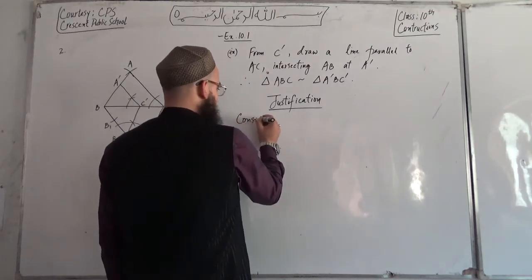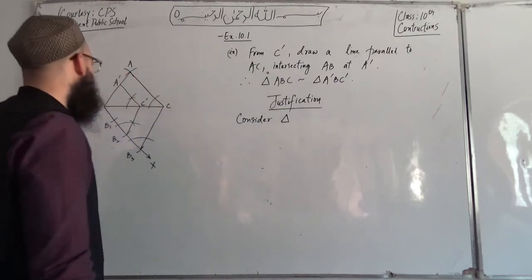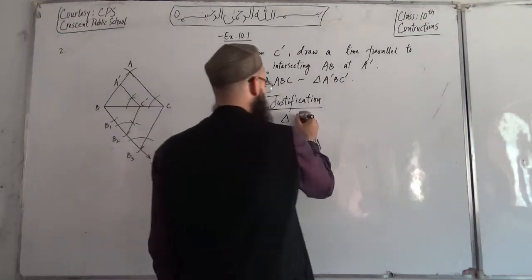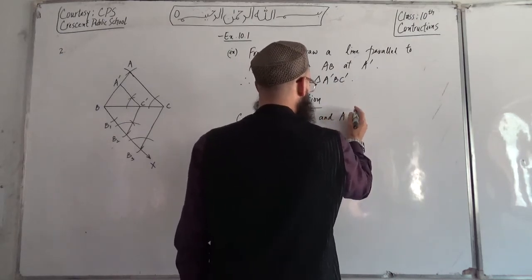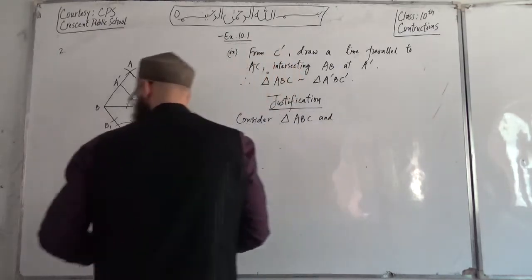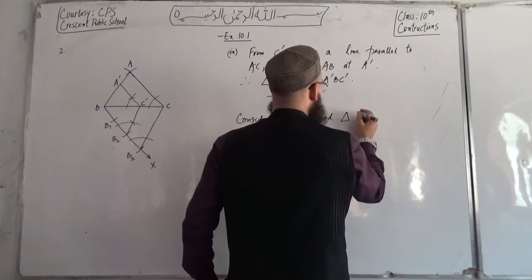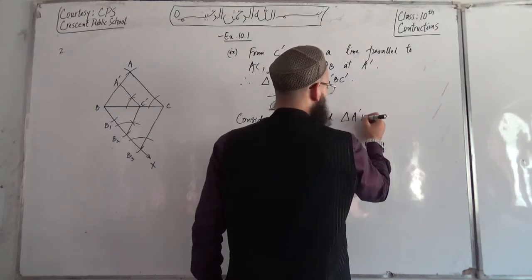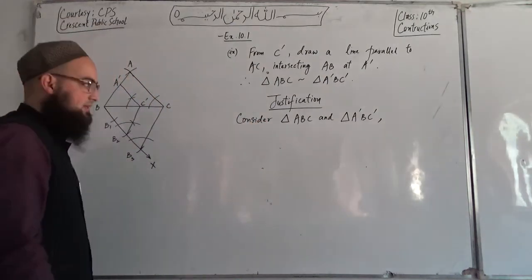Consider triangle ABC and triangle A dash B C dash. Consider these two triangles.